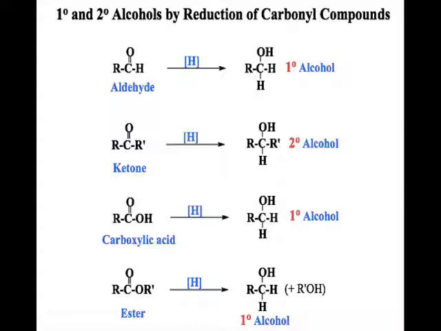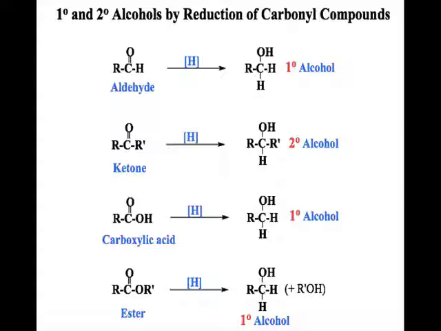Having said all that, this is kind of the first layer of the onion you need to memorize. Aldehydes get reduced, regardless of the reducing agent, to primary alcohols. Ketones get reduced to secondary alcohols. Carboxylic acids get reduced to primary alcohols, and esters get reduced to primary alcohols and another alcohol, whatever that happens to be from the ester.